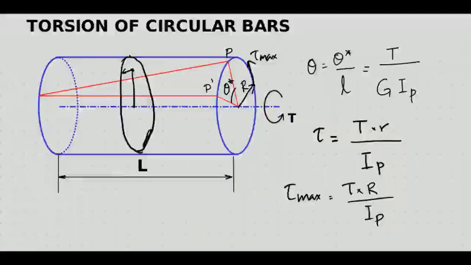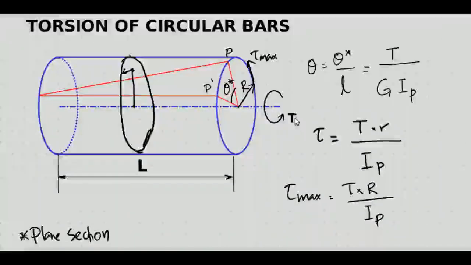Here, while deriving this equation, we had an assumption: the plane sections before twisting, or before the application of the torque, remain plane even after the application of the torque, or even after twisting.